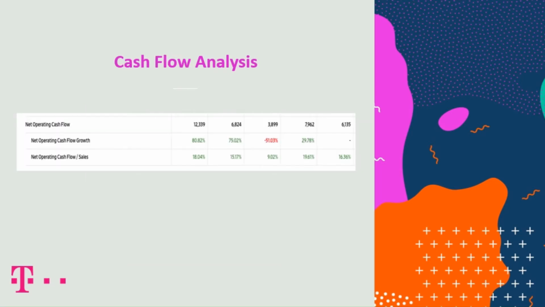In the next slide here, I have a cash flow analysis. In the article on the tech blog, I show the depicted chart or table which shows the previous 5-year net operating cash flow as a percentage of sales, and you can see that it's maintained, if not steadily inclined.